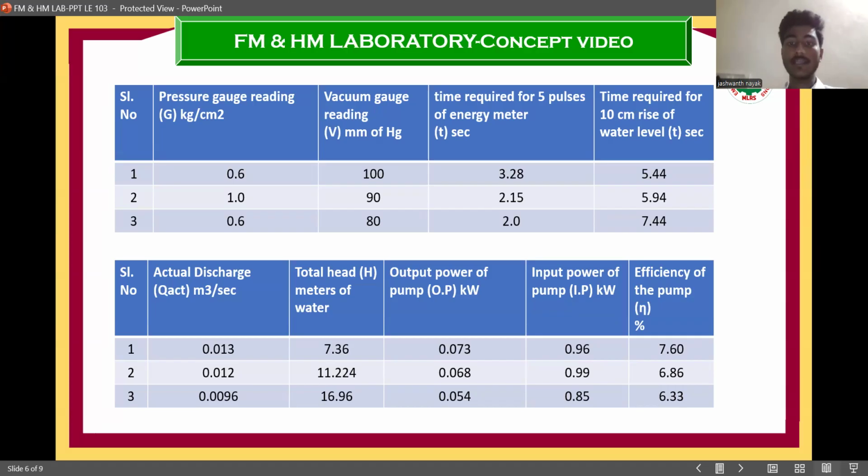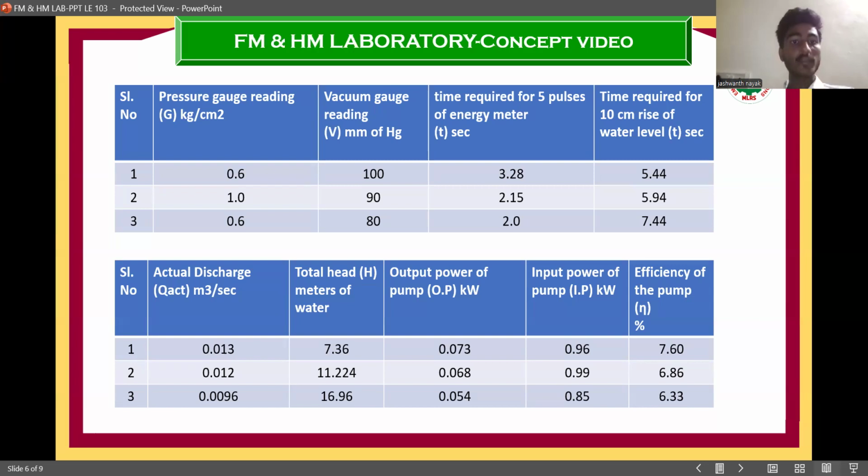For the first trial, the pressure gauge reading is 0.6, vacuum gauge reading is 100, time required for 5 pulses of the energy meter is 3.28 seconds, and time required for a 10 centimeter rise of water level in the collecting tank is 5.44 seconds.